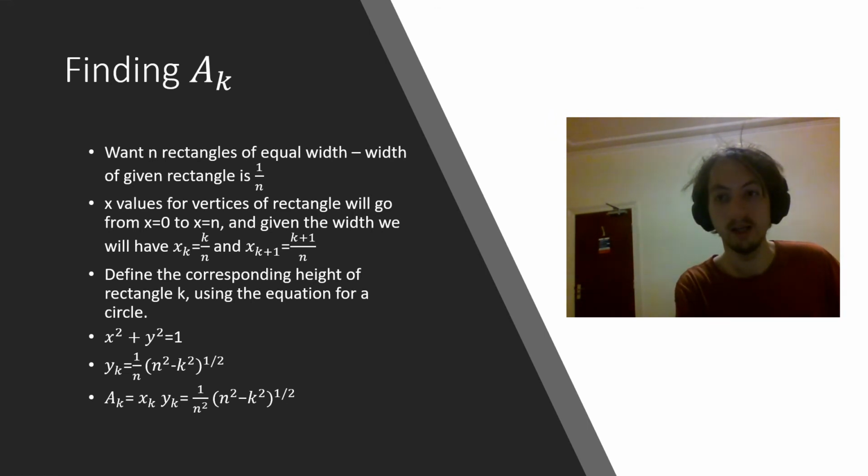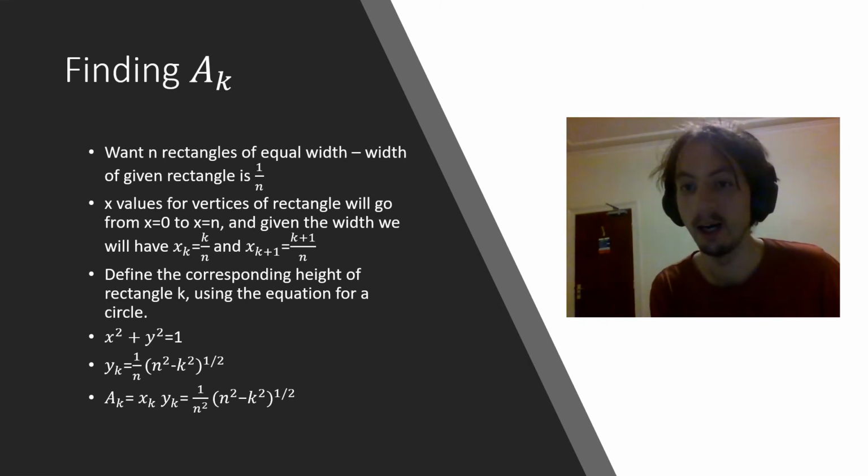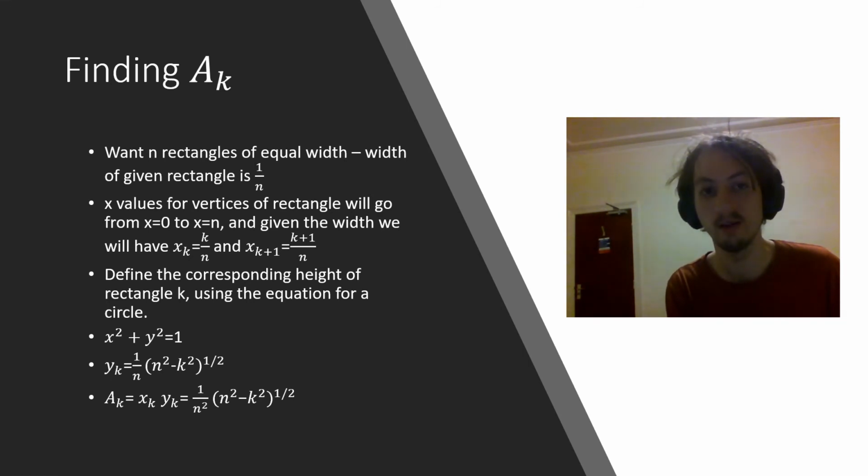Now, because the equation for pi over 4 is in the limit where n goes to infinity, the rectangles become infinitely thin, and therefore the distinction between x subscript k and x subscript k plus 1 becomes negligible because the rectangle is infinitely thin.